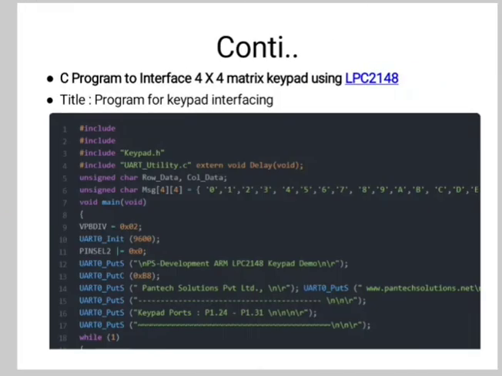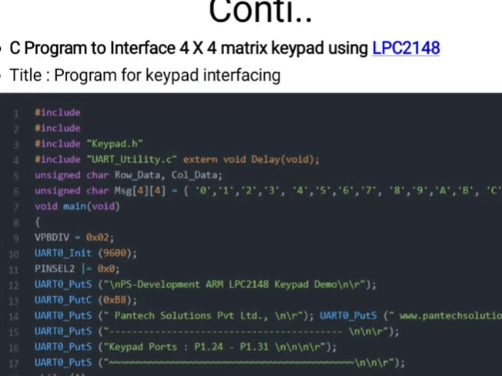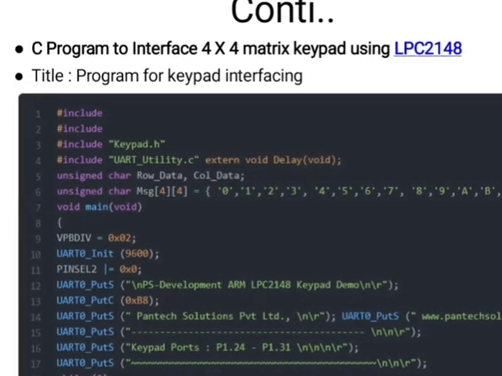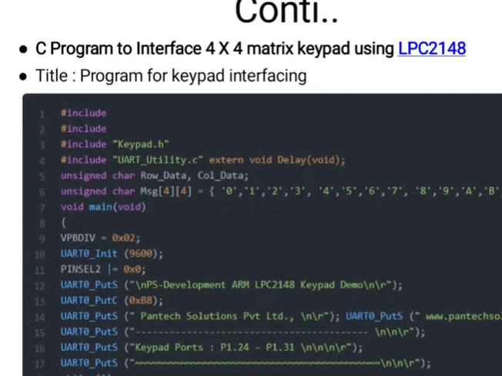So next is the C program to interface a 4x4 matrix keypad using LPC2148. Now here the title is program for keypad interfacing. Now, #include keypad.h, #include UART utility.c, extern void delay void, unsigned char row data, column data, then unsigned char message[44], it is 0 to 9 and A to E. Then next is void main, VPBDIV is 0x02.